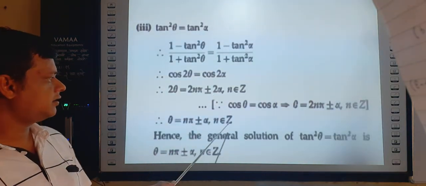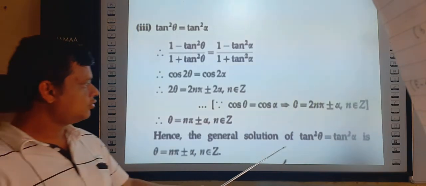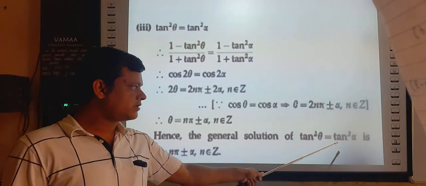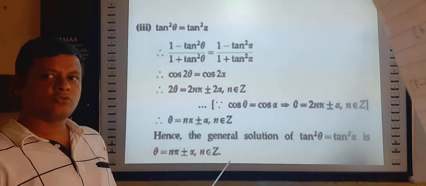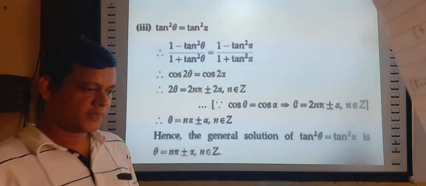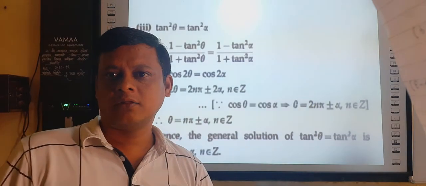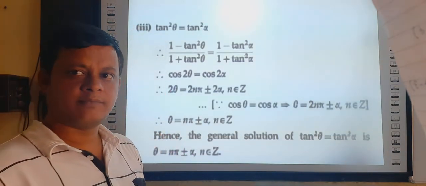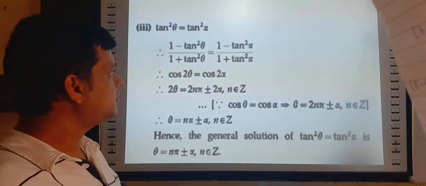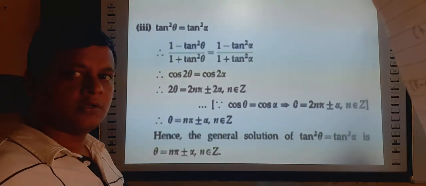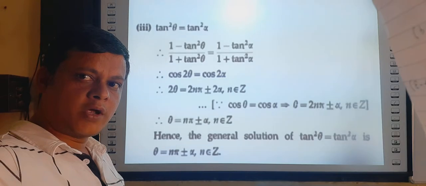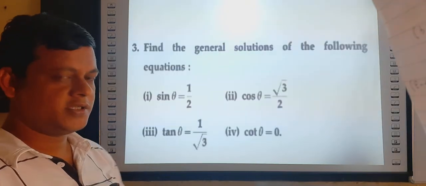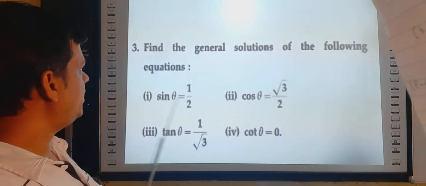Hence the general solution of tan square theta equals tan square alpha is theta equals n pi plus or minus alpha, n belongs to Z. Its proof is not needed in the exam, but for our convenience we know how this formula is derived or proved. Now we discuss and solve this question.